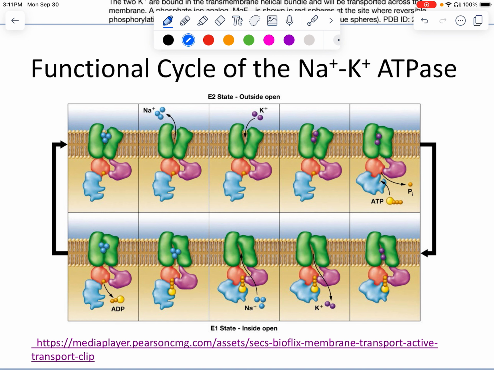Picture of this cycle. We are going to start down here in the middle. You could start anywhere you wanted, but I want to start right here. When I look at this, I'm going to identify that this yellow part is my ATP. And so my ATP is bonded to the binding site.